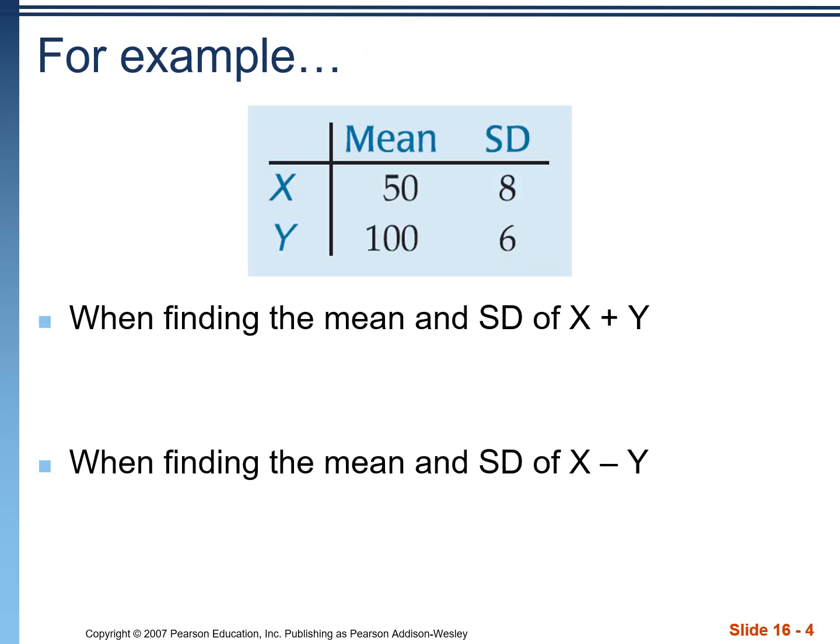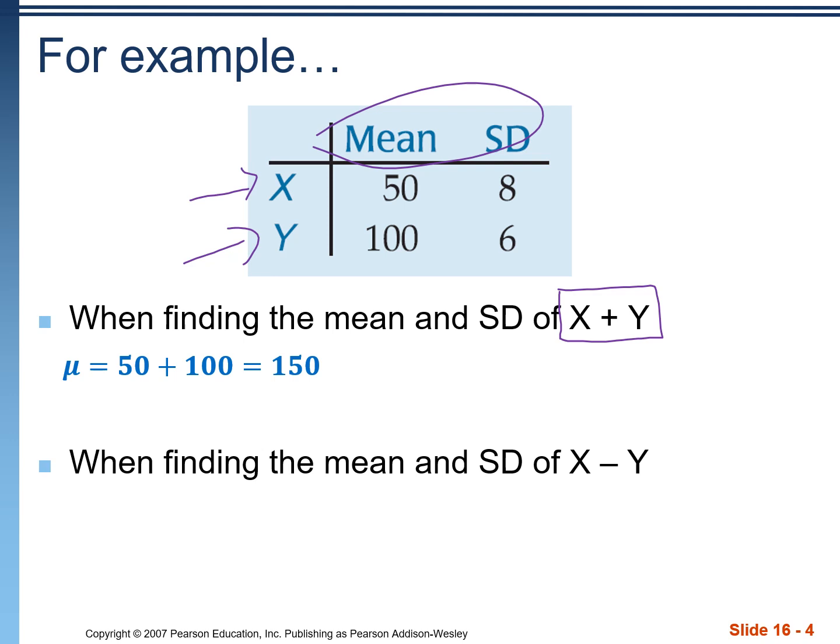As an example, here we have two random variables, x and y, and each has their own mean and standard deviation. When we're finding the mean and standard deviation of x plus y, the mean is logical. We just add these two means together. X plus y is going to have an average value of 150. Standard deviation, we are not allowed to do this and just add the 8 and the 6 together.